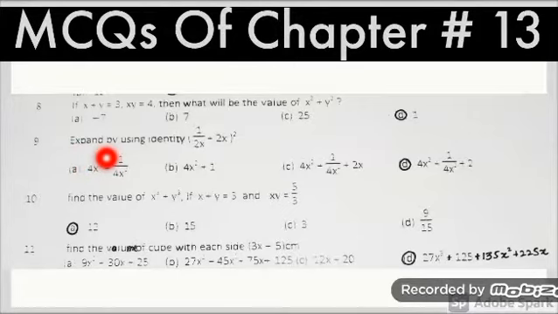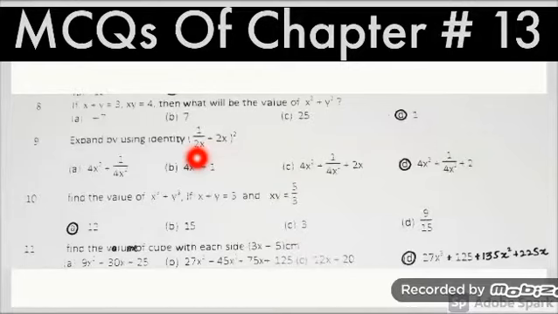MCQ number 9: expand by using identity (1 by 2x plus 2x) whole square. We'll open this square by using the formula (a plus b) whole square. (1 by 2x) whole square will be equal to 1 by 4x square. (2x) whole square will be equal to plus 4x square, plus the third term will be plus 2ab, plus 2 multiplied by 1 by 2x multiplied by 2x. 2x will be cancelled out by 1 by 2x, and then only 2 will remain.